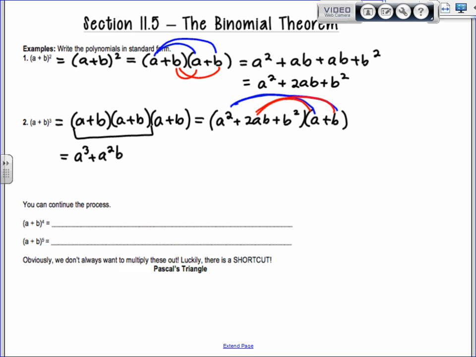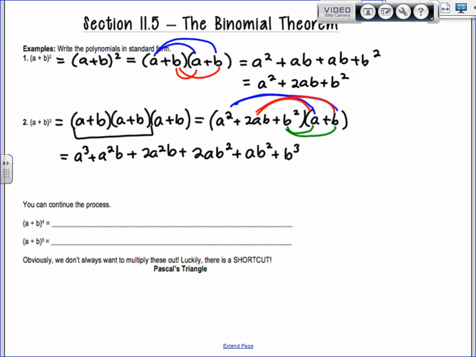So 2ab times a is 2a squared b, and 2ab times b is 2ab squared. And last but not least, I take my b squared and multiply it by each thing, so I have ab squared plus b cubed.